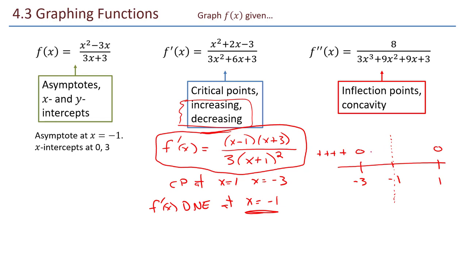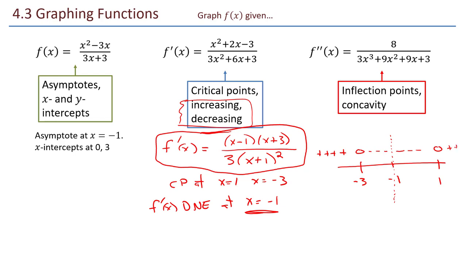What if I throw in a -2 into that first derivative? Then I get a negative and a positive over positive, so that's negative. And how about if I put 0 into my first derivative? Negative, positive, positive. The whole thing is negative. And lastly, let's imagine I throw in a large positive number into the derivative, so I get positive, positive, positive.